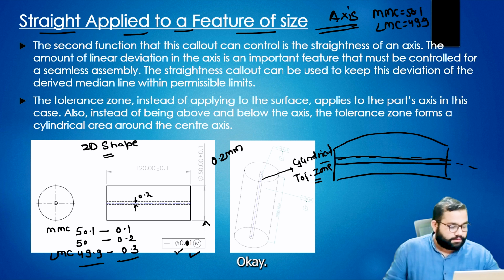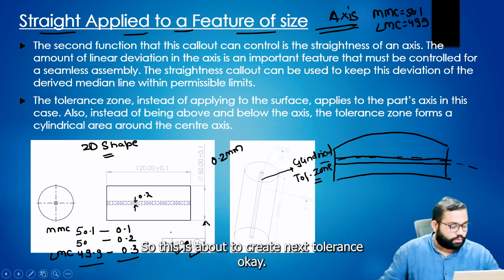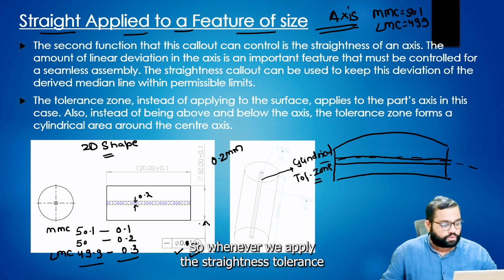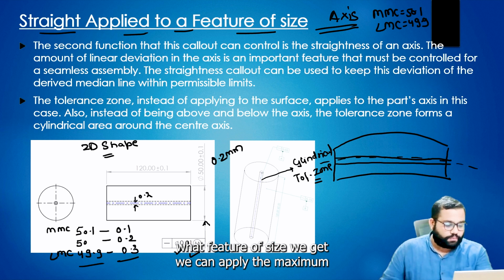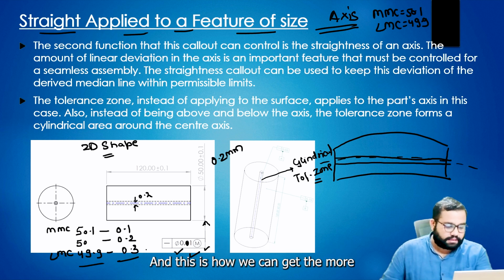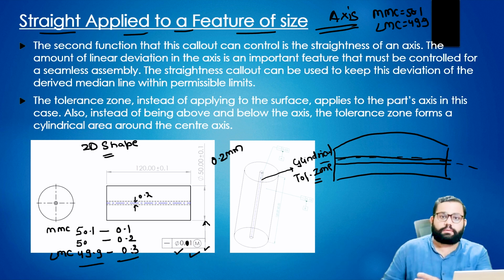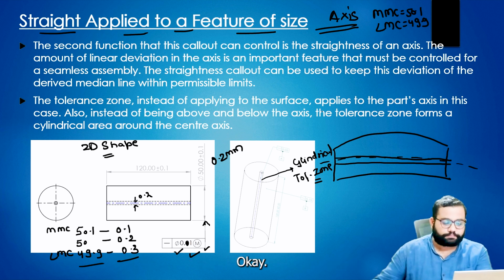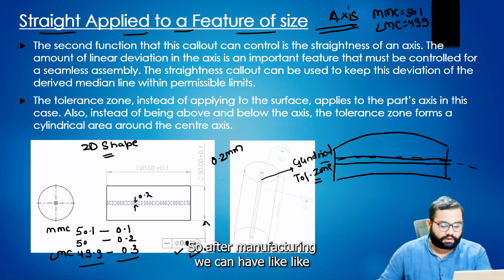This is about the straightness tolerance. This is how we can get more tolerance with the help of this condition modifier.